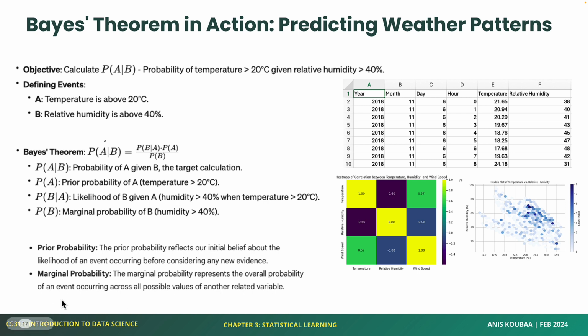It represents the overall probability of an event occurring across all possible values of another related variable. What is the other related variable? Temperature. Okay? And the humidity is related to the other variable here, the temperature. Yes, the prior. Okay, this is just terminology used in Bayesian statistics.